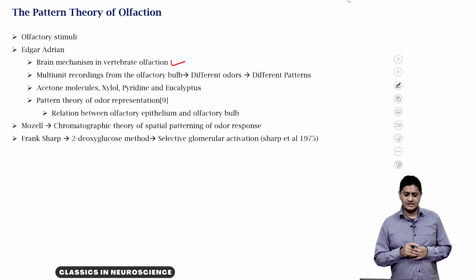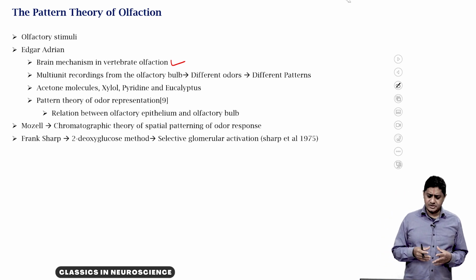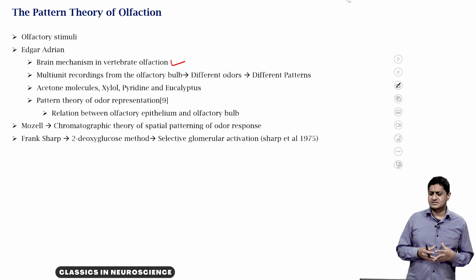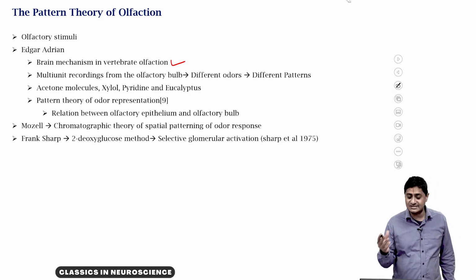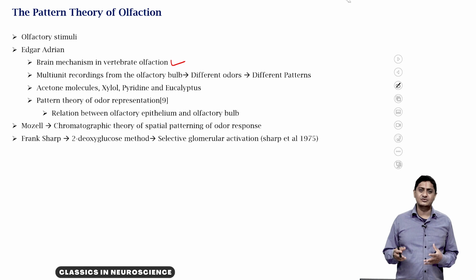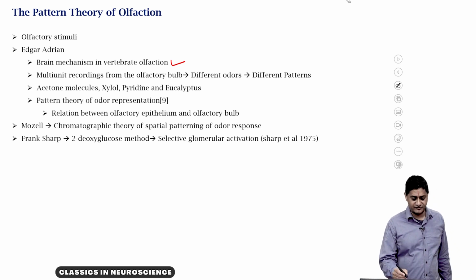He found that different odors, elicited by different chemicals, acetone, xylol, pyridine, eucalyptus, produced different patterns of firing. The same set of neurons from which you record produce different patterns of firing.